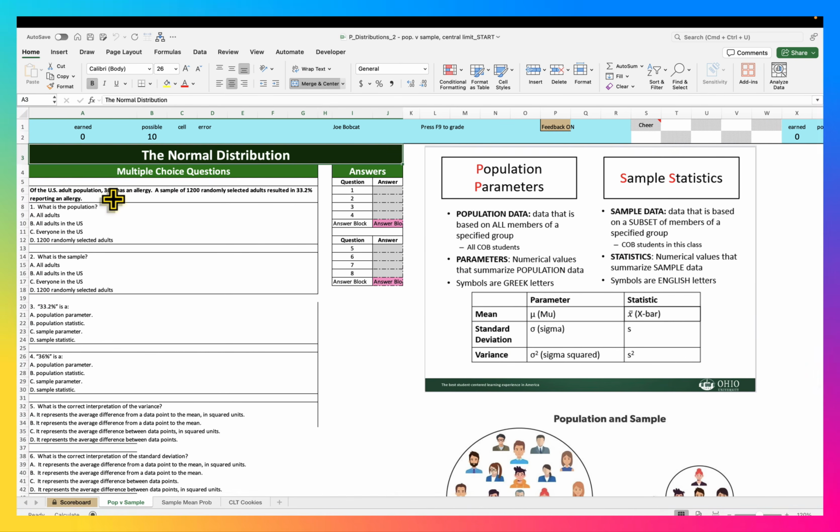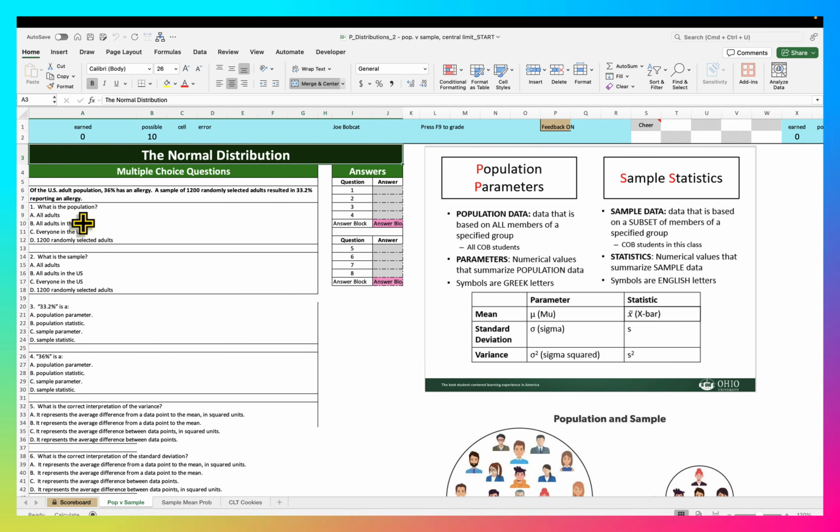All right. Of the US population, 36% has an allergy. A sample of 1,200 randomly selected adults resulted in 33.2% reporting an allergy. What's the population? Well, the population is US adults.